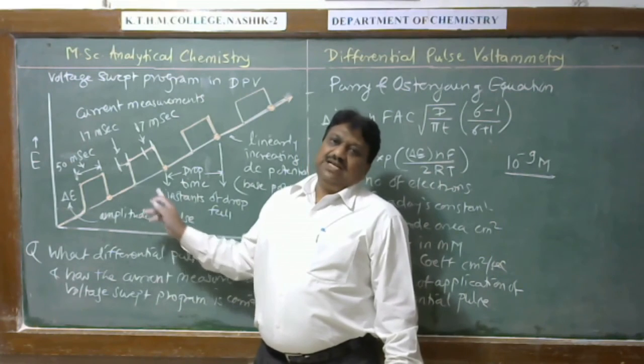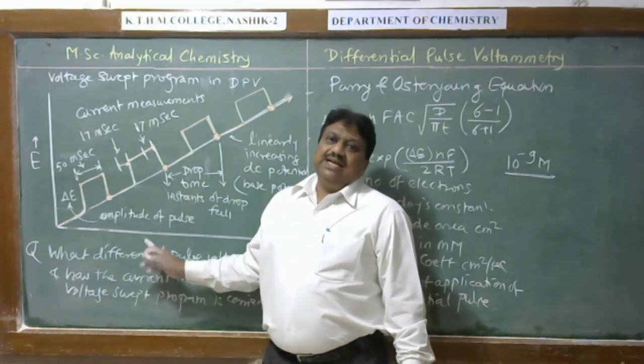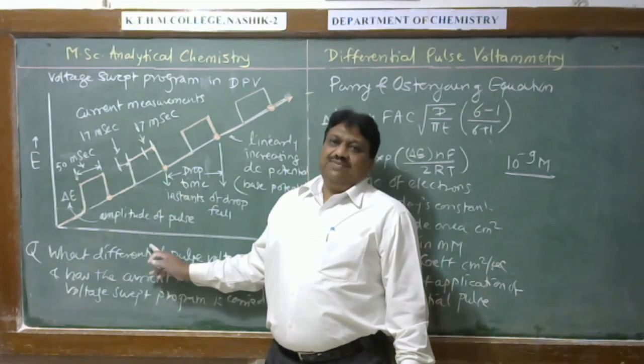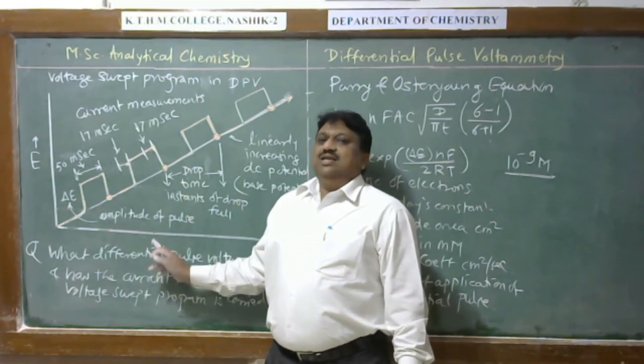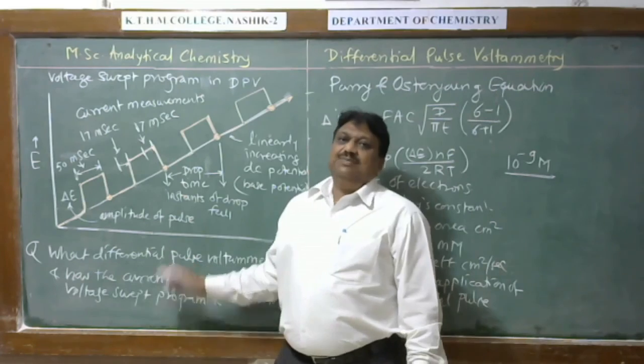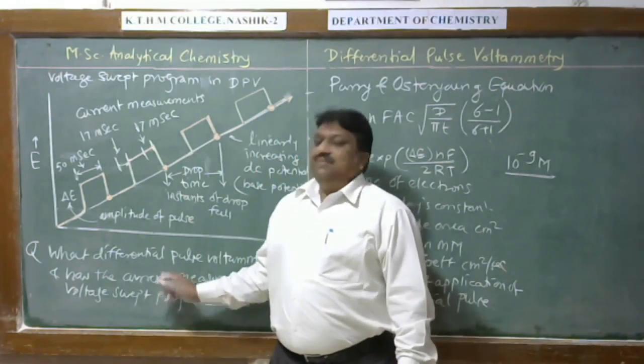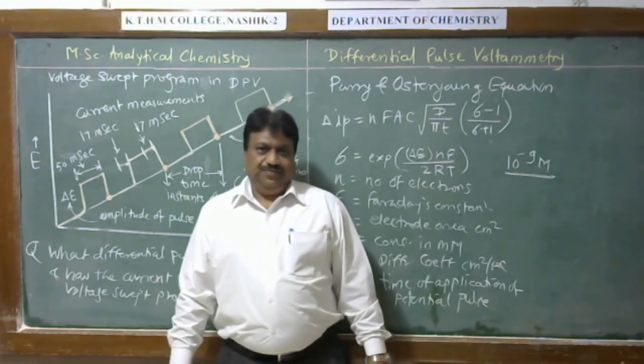But in differential pulse voltammetry we can eliminate the interference of background current as well as non-Faradaic current, and therefore the sensitivity of analyte measurement is up to 10 raised to minus 9 moles in differential pulse voltammetry.